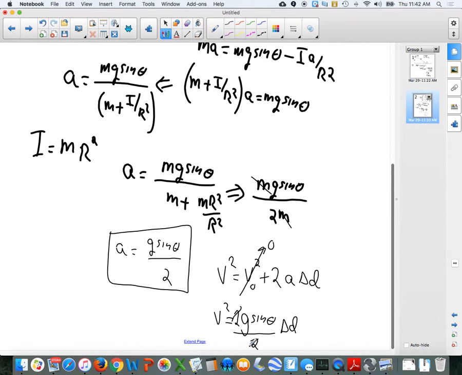The 2's cancel out, and I get exactly the same thing I had before. v squared is g sine theta d.